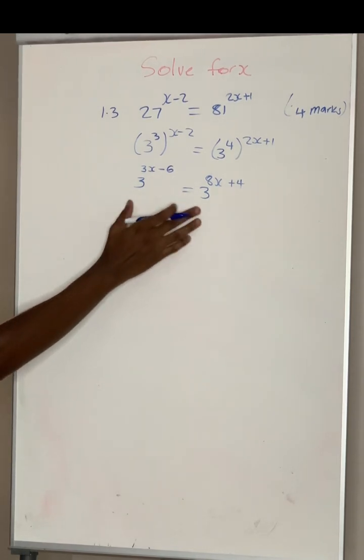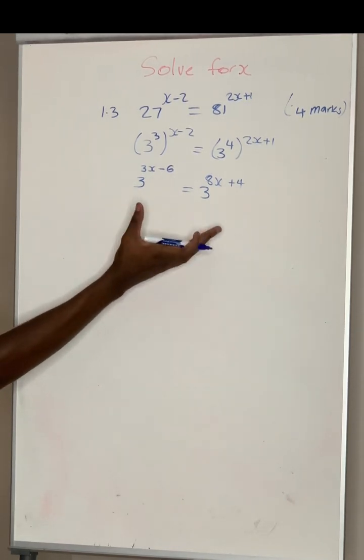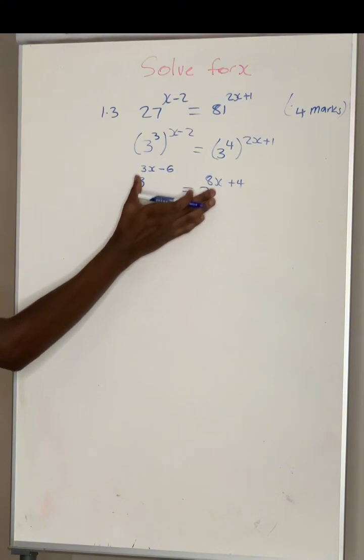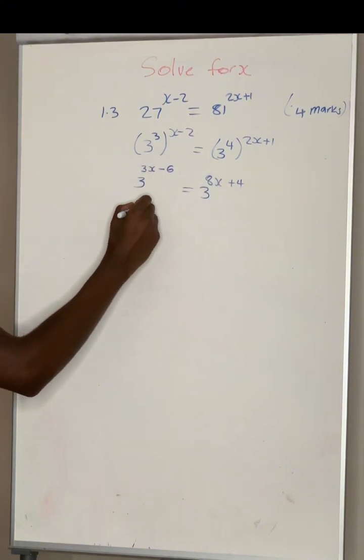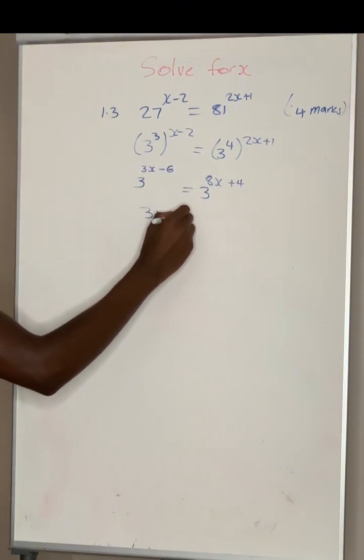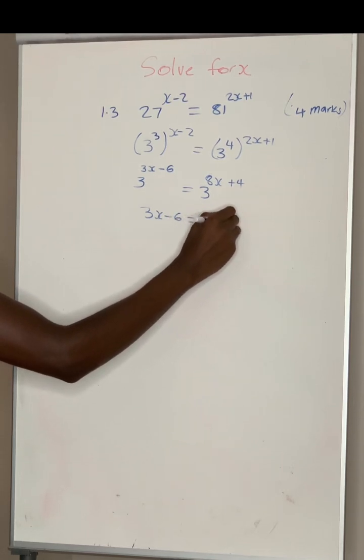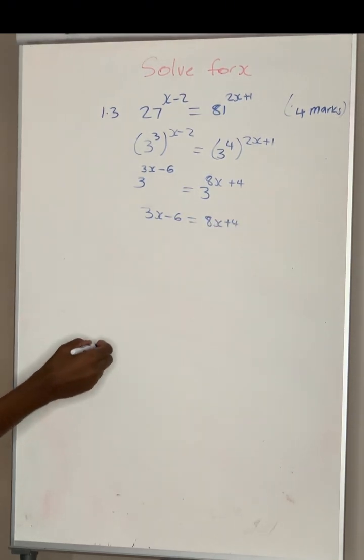Luckily, the bases are the same now, so it's going to be easy for us to solve this. The bases are the same, we can then equate the exponents. So 3x minus 6 is equal to 8x plus 4.